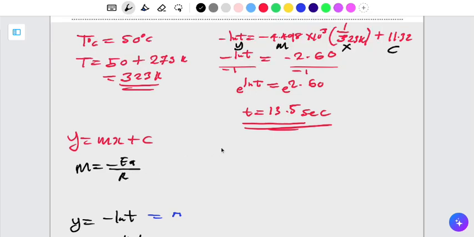If we have k, which is equal to A e to the power negative activation energy divided by RT, then immediately I introduce ln to both sides here. What am I going to have?